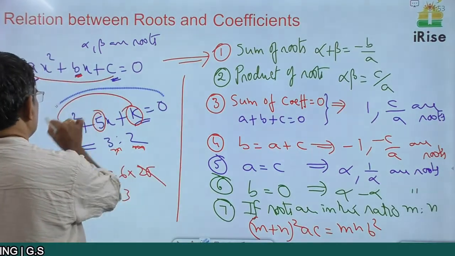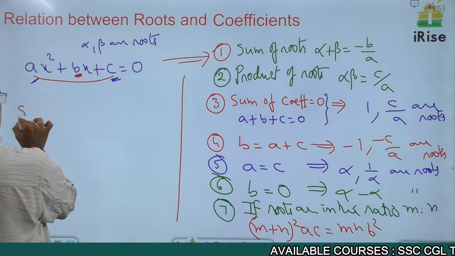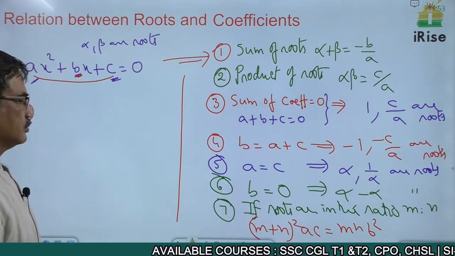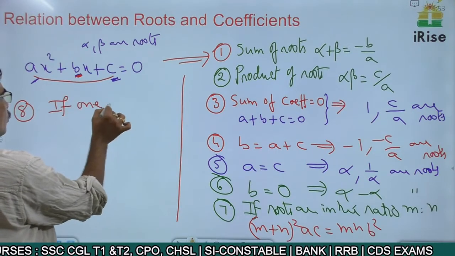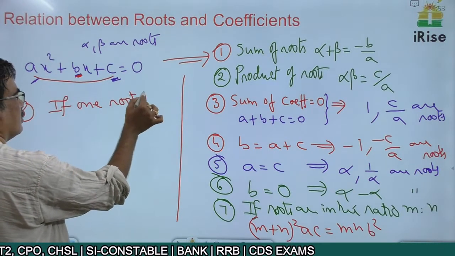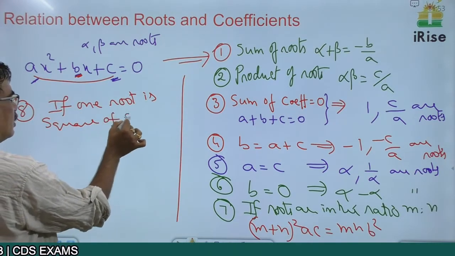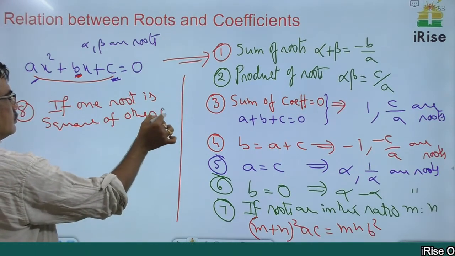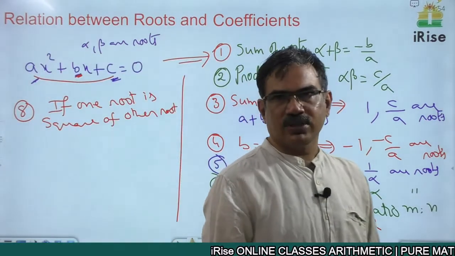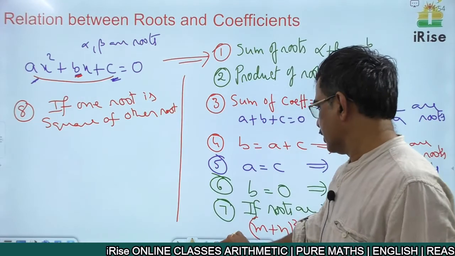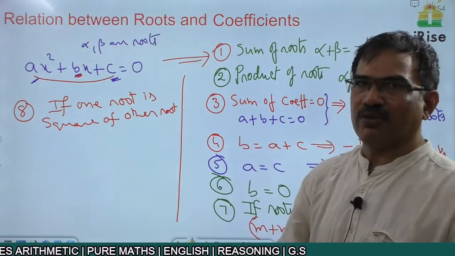Next, I want to give a last formula, point number 8. If one root is the square of the other root, that means if one root is alpha, the second root is alpha square.